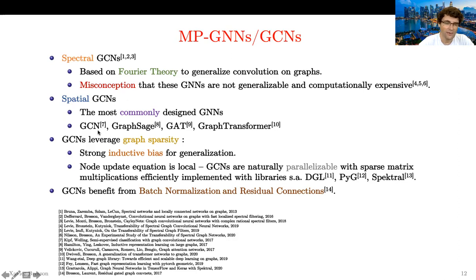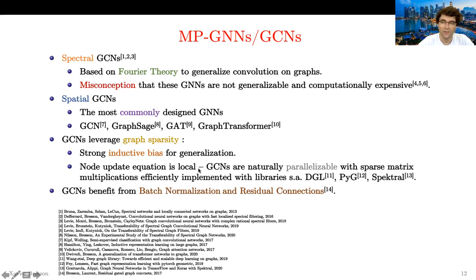For example, you have GCN by Kipf and Welling. You have also GraphSage by Hamilton, Ying, and Leskovec. GAT by Petar Velickovic, Yoshua Bengio, and their co-authors, and recently we introduced GraphTransformer. GCNs leverage graph sparsity, which is a very important inductive bias when you want to generalize to new graphs.